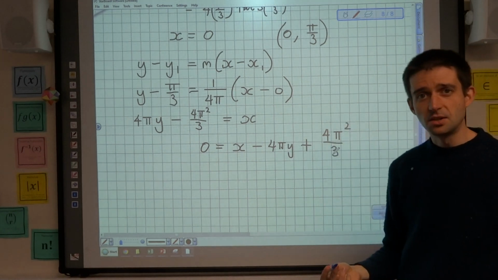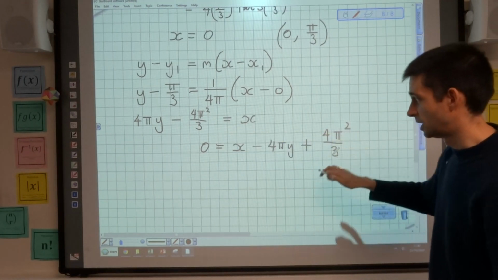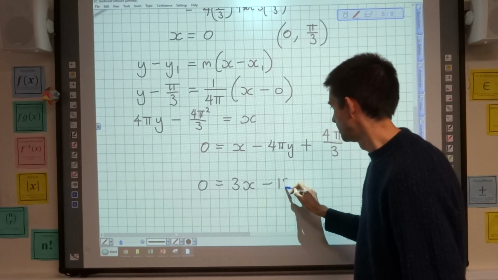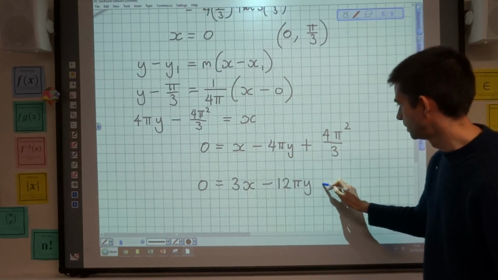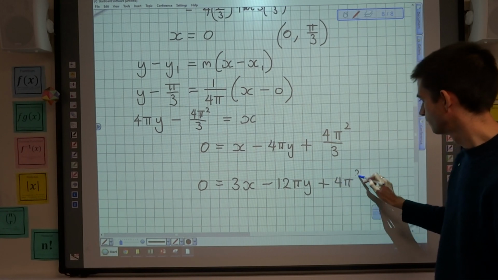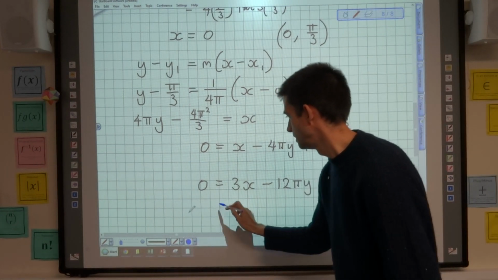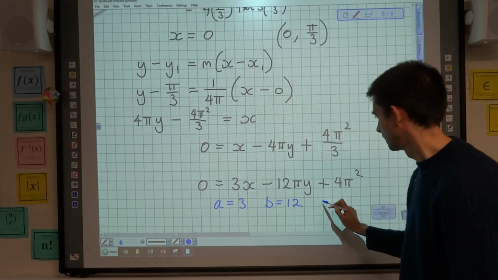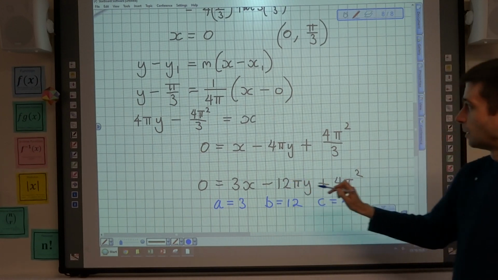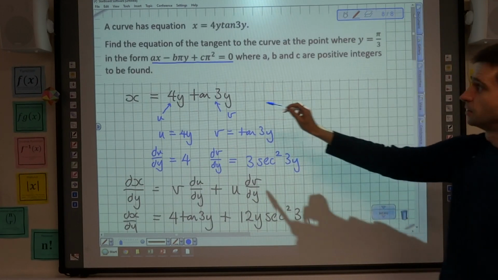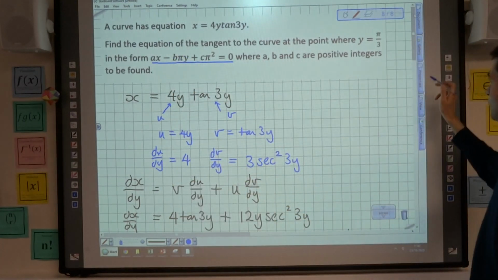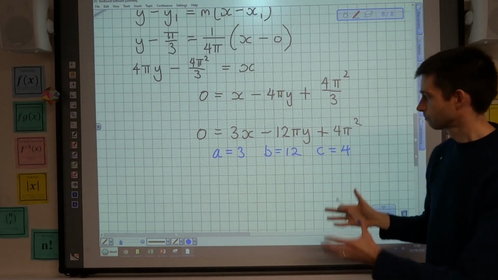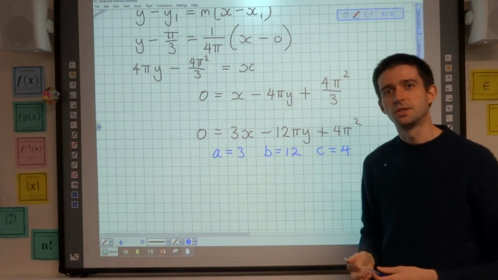Now we were told that a, b and c all had to be integers, so I'm going to multiply through by 3 to get my final answer, 3x minus 12 pi y plus 4 pi squared, which means that I can state my values of a is 3, b is 12, and c is 4. Now b is 12 because in the form given it was negative b pi, so if negative b is negative 12, b is 12. So there we are, there's the equation of the tangent to the curve.